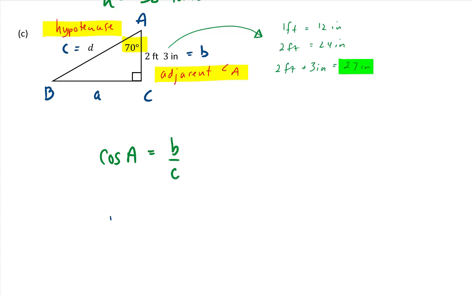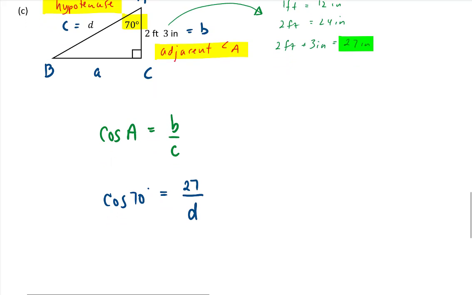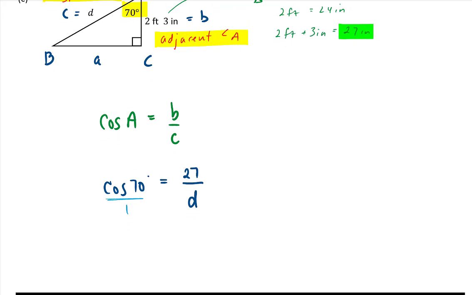Next step is to sub in our values. So we have cosine of 70 degrees is equal to, well, we see that side B is 27 inches. We converted that. And this time we have D in the denominator. So the way to fix that problem is, because we can't solve it within the denominator, we have to get the D into the numerator. And what you may know is that cosine 70 as a fraction is cosine 70 over 1. What I'm going to do is I'm going to flip both sides of the equation.